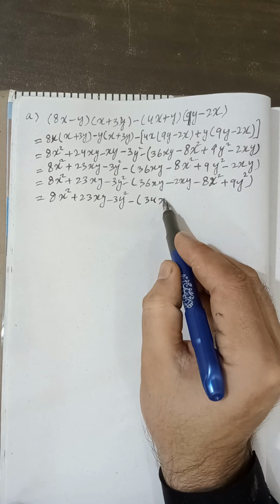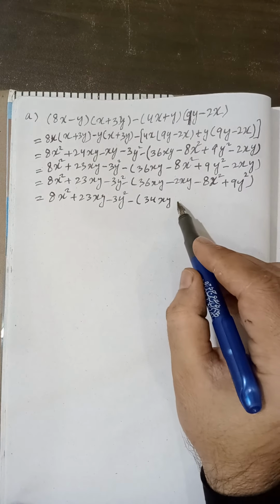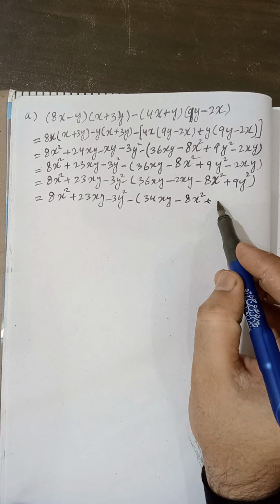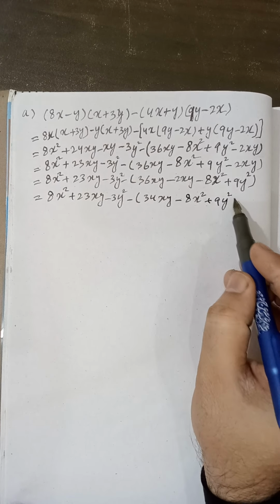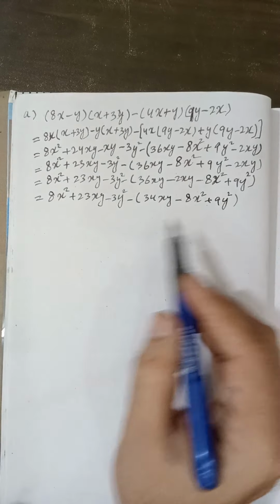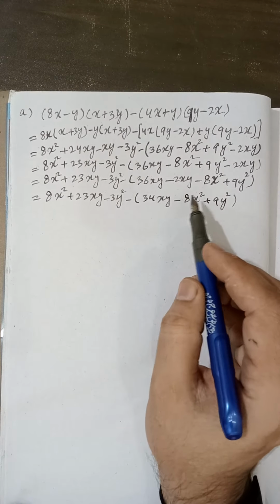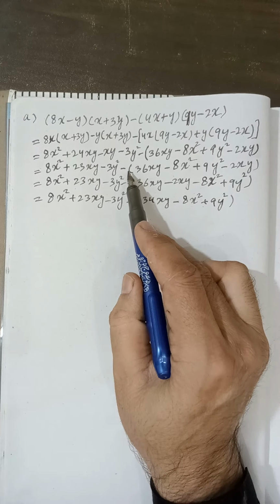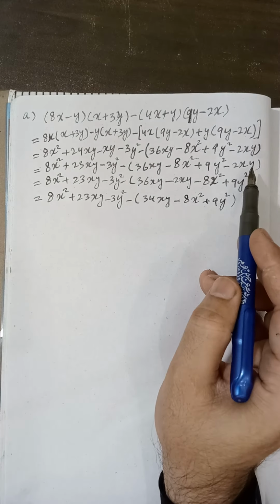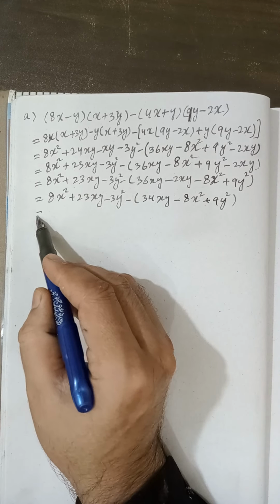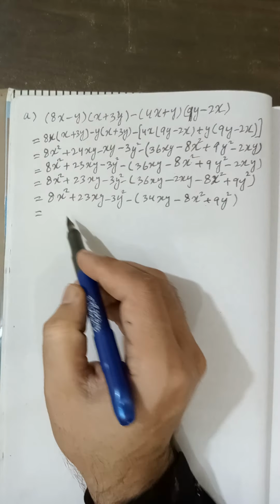Due to different sign, I have subtracted these two. Then minus 8x square plus 9y square. Now remove this bracket because it is simplified form inside the bracket. No matter if you can open bracket here and then you can add and subtract, but in this way it becomes simple.